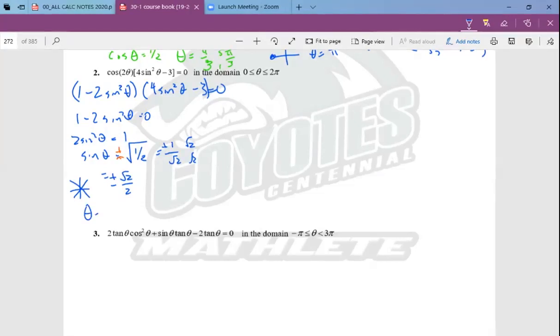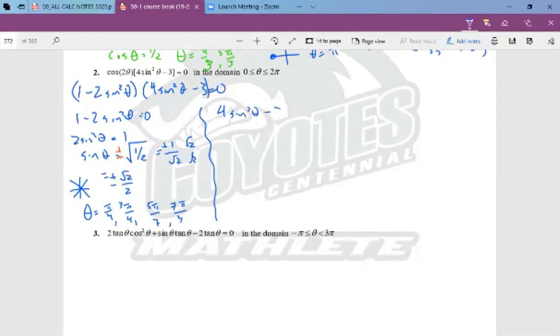So theta equals pi over 4, 3 pi over 4, 5 pi over 4, 7 pi over 4. Let's just have a look at our domain, and our domain is going from 0 to 2 pi, so those ones are all legit. Second half of this says 4 sine squared theta minus 3 equals 0.